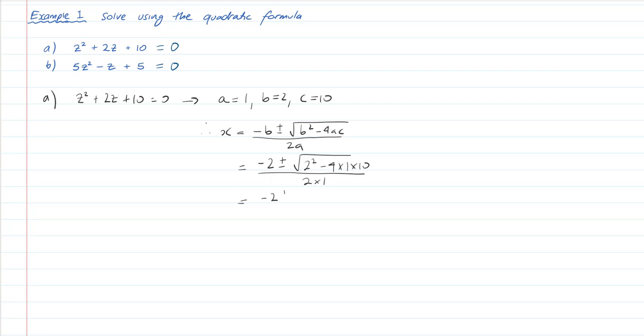That gives us -2 plus or minus the square root of 2 squared is 4, minus 40 is -36, all over 2, which gives us -2 plus or minus, and this becomes 6 times the square root of -1, all over 2. Now I can split this up.